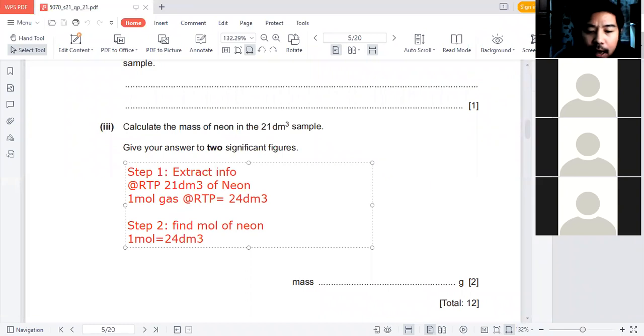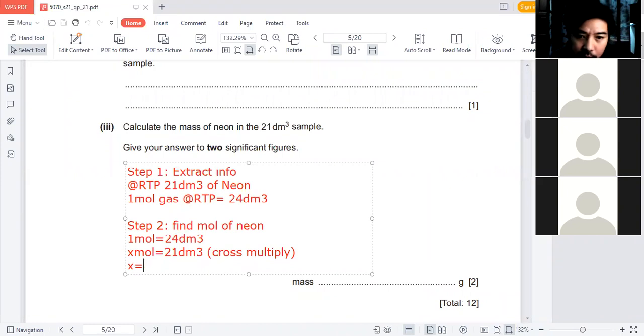Now I have x mole equal to 21 dm cube. Then I have to cross multiply. So my answer x is equal to berapa tak? 21 divided by 24, 0.875 mole. So far so good.